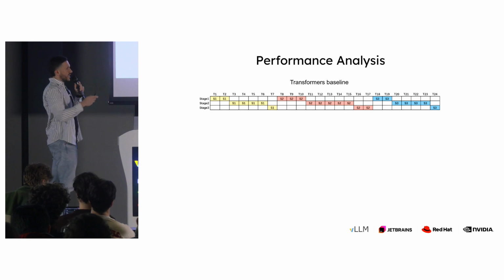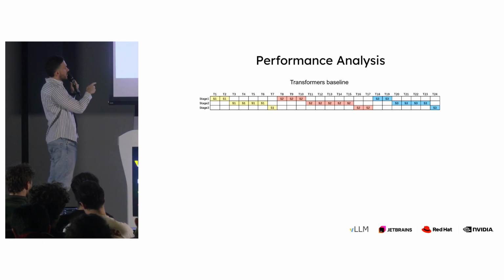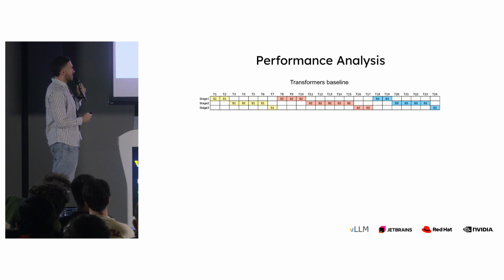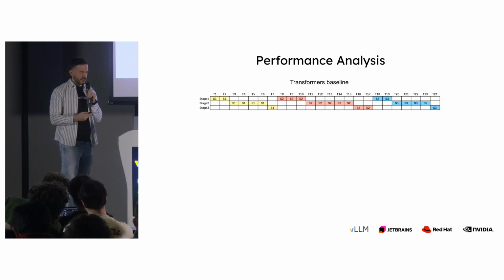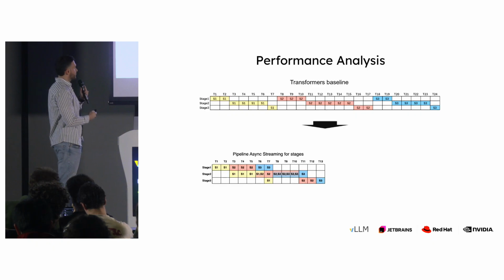If you have multiple stages, as we talked about earlier, stage one is locked until the request is processed through the end of the last stage. This is the case if you're using the Hugging Face Transformers library, which is what Omni was compared to as a baseline.